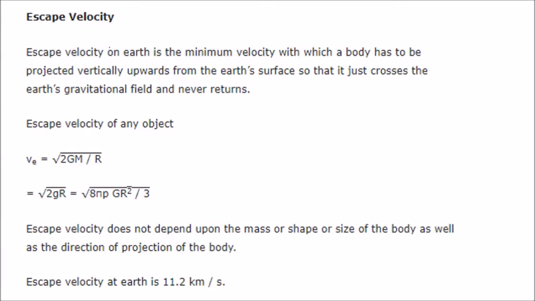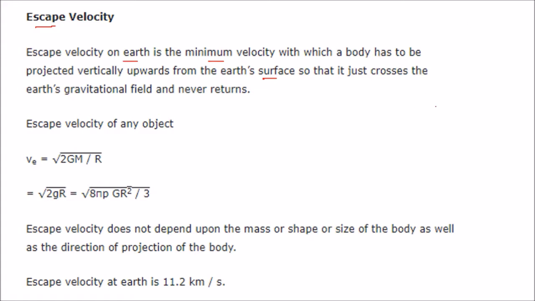Escape velocity. As the name suggests, to escape, what should be the velocity? The escape velocity on Earth is the minimum velocity with which a body has to be projected vertically upwards from the Earth's surface so that it just crosses the Earth's gravitational field and never returns.